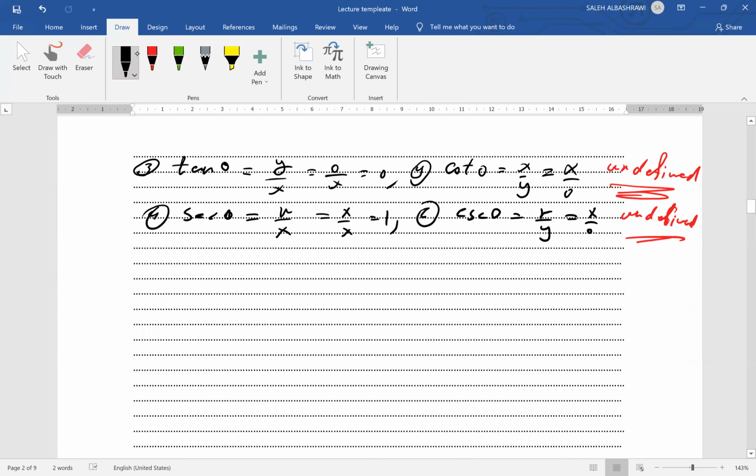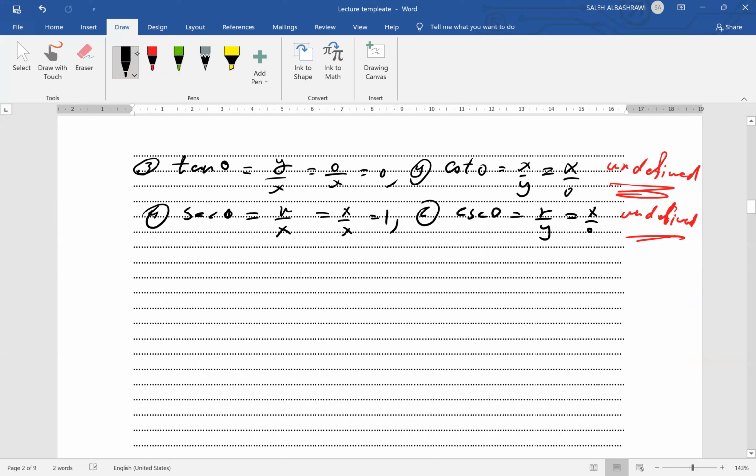Now for theta equal to 90. This is the second one. 90 degrees, or it can be written in radians as pi over 2.